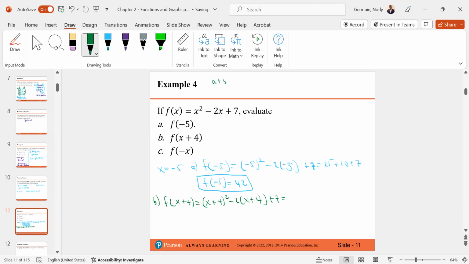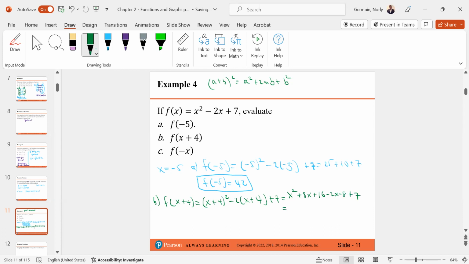If you have (a plus b) squared, raise the first one to the power 2, plus 2 times the first one by the second one, plus the second one to the power 2. So x squared, plus 2 times x times 4 gives you 8x, plus 4 to the power 2 gives you 16. We're done with the first parenthesis. Now with the second one, we need to distribute the negative 2. Negative 2 times x gives you negative 2x. Negative 2 times 4 gives you negative 8, plus 7.